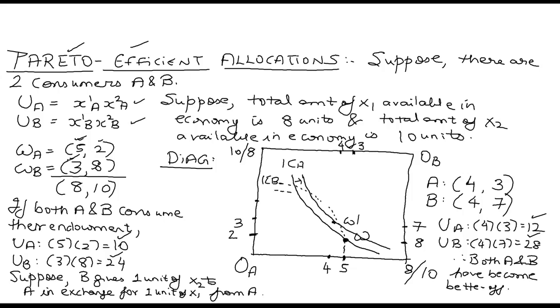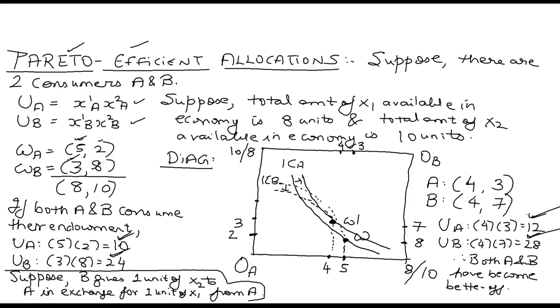B has also gone to a higher IC. See what I am drawing? This point is omega dash. That means that by trading this particular scheme, both A and B have gone to higher ICs from their respective origins. A has also become better off, 12 is more than 10. B has also become better off, 28 is more than 24.